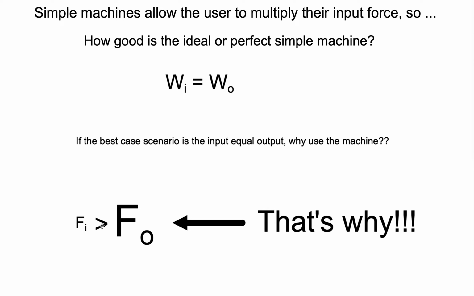It's backwards, right? So the input force is going to be less than the output force. That's why you use a simple machine. Do not ever tell me you use a simple machine because you're doing less work. Are we doing less work by using the machine?